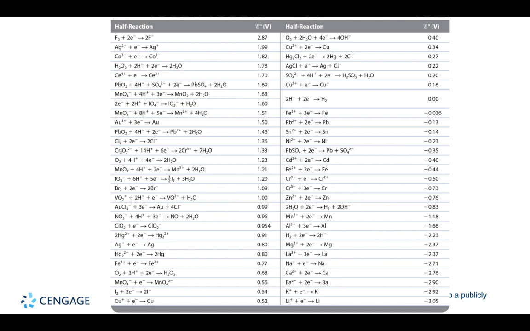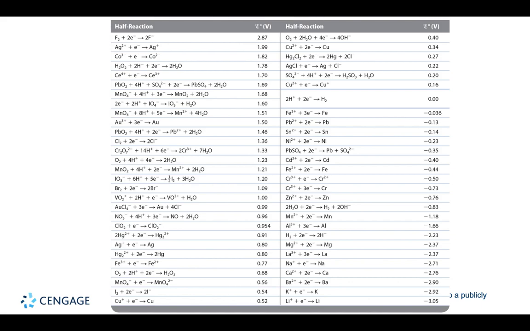F2 on the left of the first reaction, Ag plus on the right of the second reaction. I could flip it and make it on the left. So now I could have F2 plus Ag plus could give me Ag plus 2 plus F minus. Now I'd have to run the second reaction twice, but that wouldn't change the 1.99 number. It's still 1.99. I simply run it twice to balance the number of electrons.